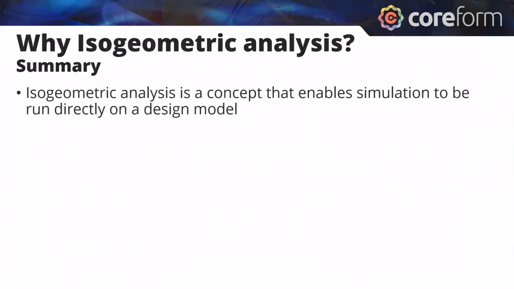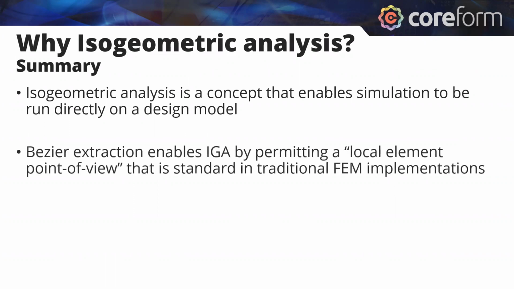And so to summarize this section, IGA is this concept that we're trying to get the analyst to run as close to the CAD as possible, and then using high order splines as an enabling technology to do that. And if you're trying to understand IGA, coming fresh into it, really try to find as many papers or as much material as you can on Bezier extraction.